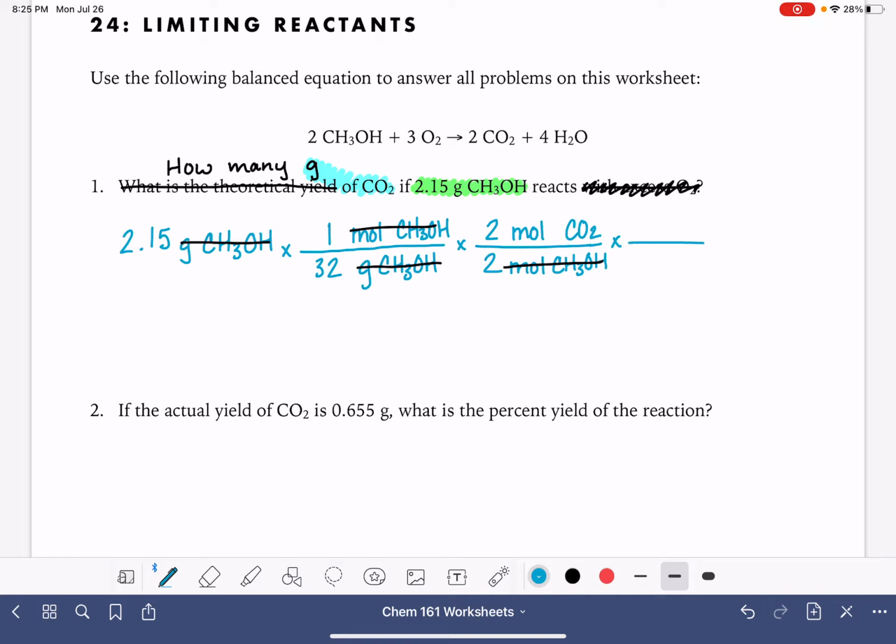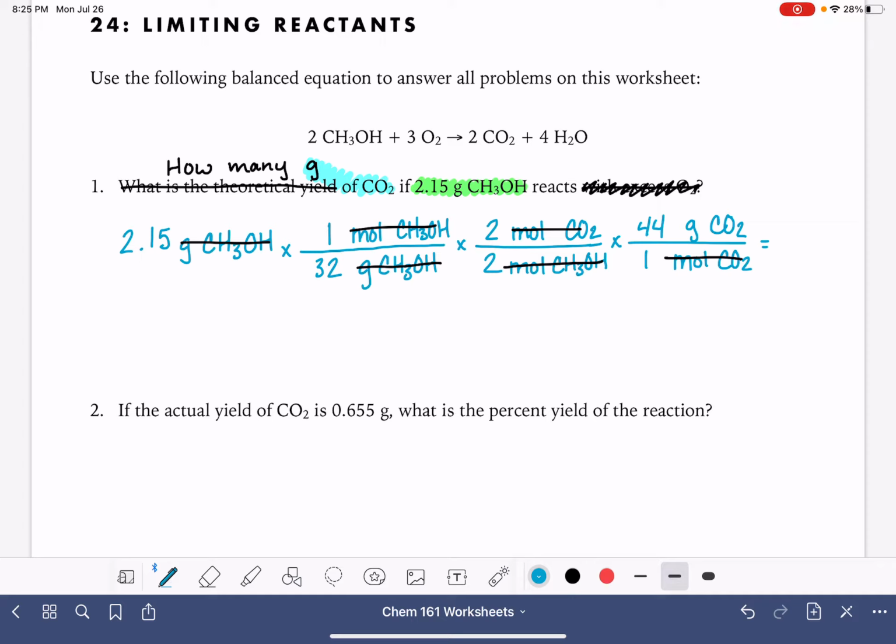The last thing we're going to do is get rid of that moles of CO2 unit and convert into grams of CO2, also using the atomic masses. So this is going to be 12 plus 16 plus 16, which is 44 grams per mole, leaving us with the units of grams CO2, which is what we're trying to solve for in this problem.